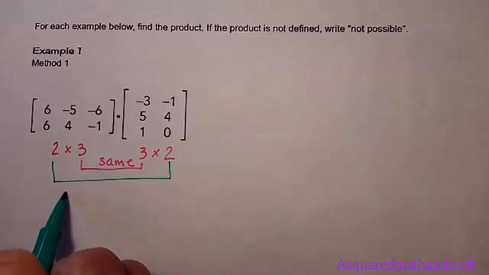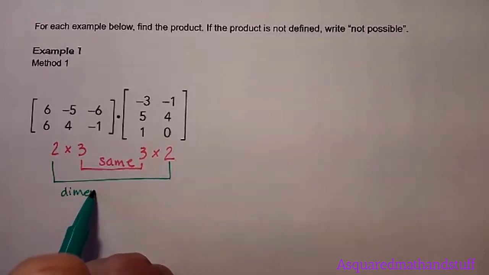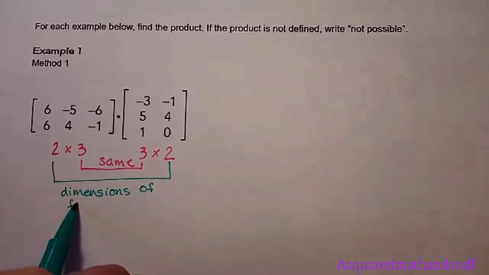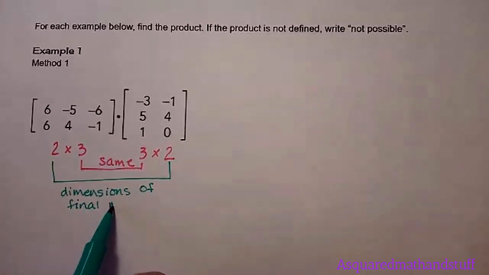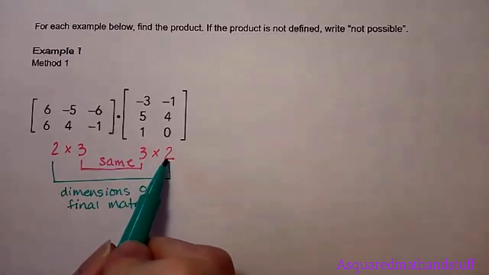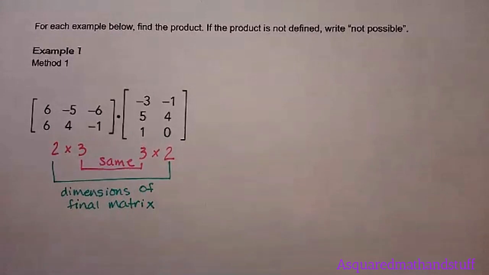This is the dimensions of our final matrix. If you get something other than a 2 by 2 matrix for your final matrix, you did something wrong somewhere.